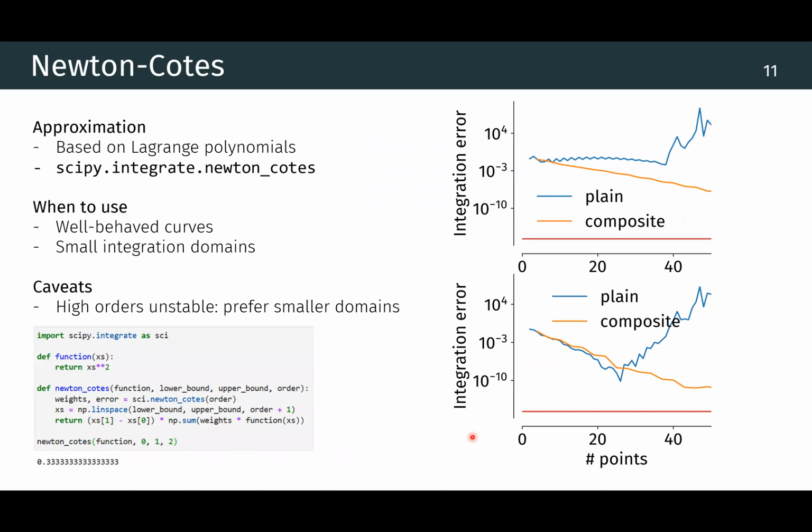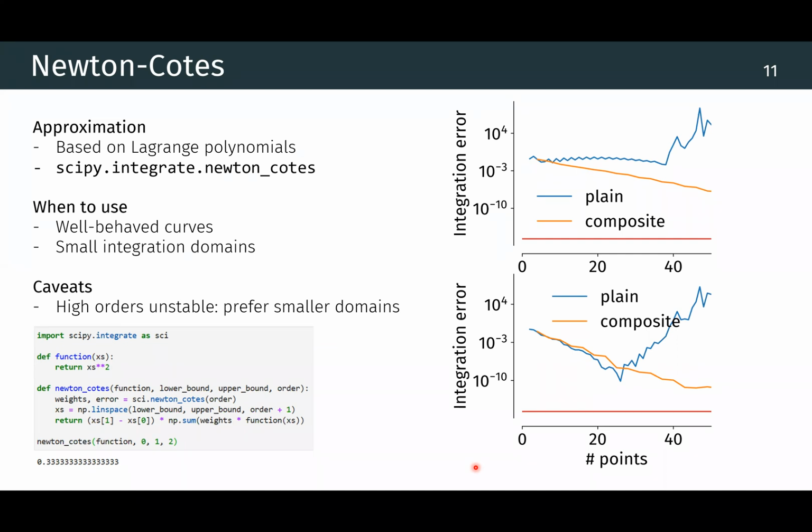The interesting thing is they behave differently. For many of the plots, where it makes sense, we have two cases. The plain one, which is just applying the rule on the whole domain, 0 to 1. And the composite approach, where we subdivide our interval into smaller intervals and apply the integration rule to each and every interval separately and sum up.